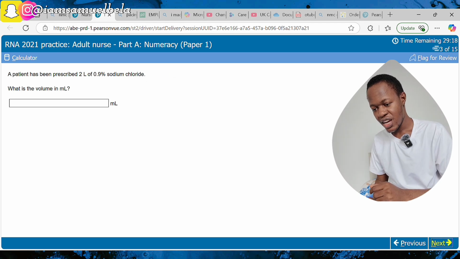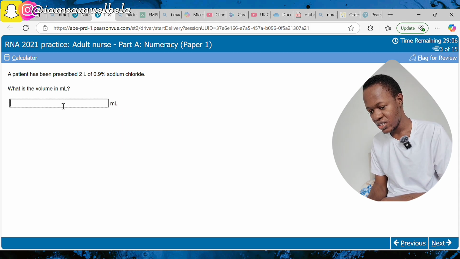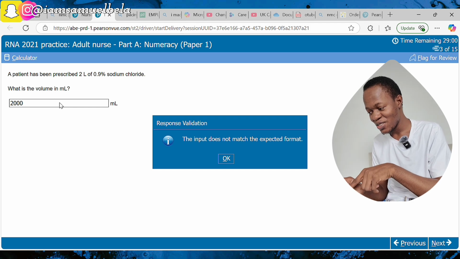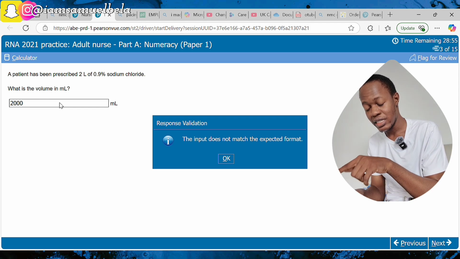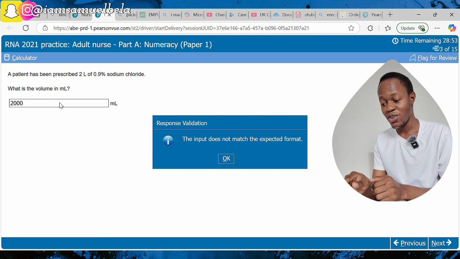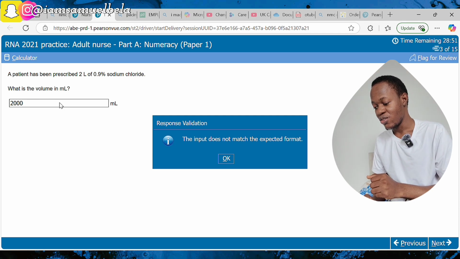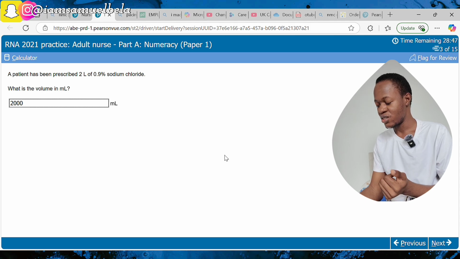A patient has been prescribed 2 liters of 0.9 sodium chloride. What is the volume in milliliters? That is 2000. Oh, I just made a mistake. All I had to do was put 2000 and not ml because it's already there in your answer. Thankfully, it did not allow us to put that in. If not, the answer would have been wrong.